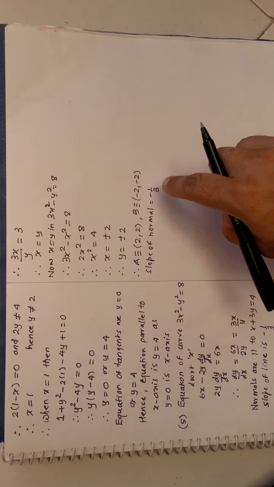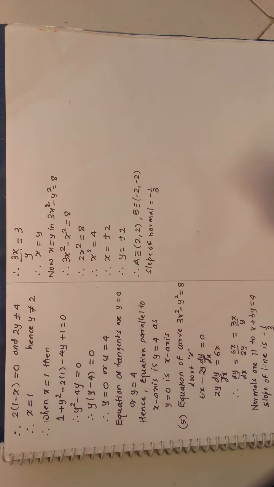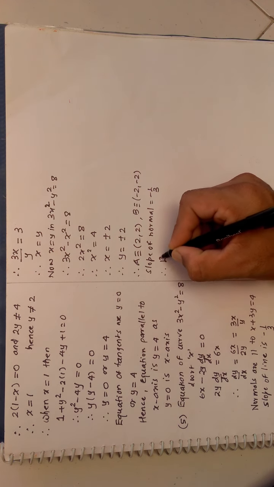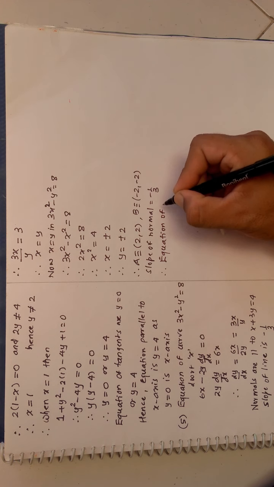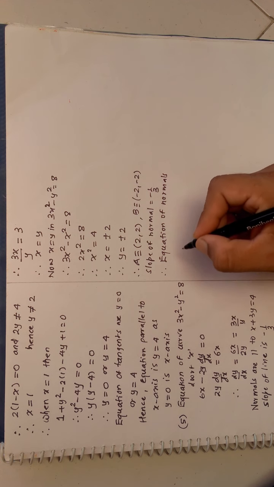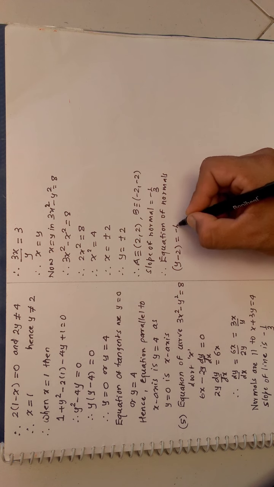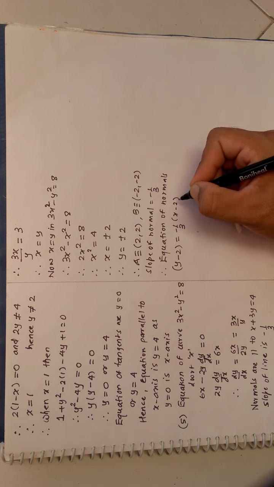Now I have the slope and I have the point. So I can find the equation of the normal very easily. Therefore the equation of the normal will be y minus y1 is equal to m into x minus x1.